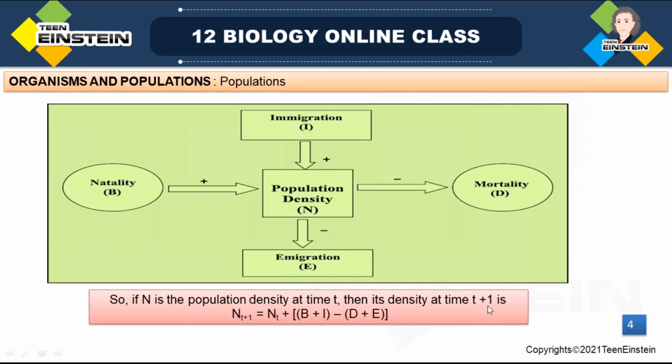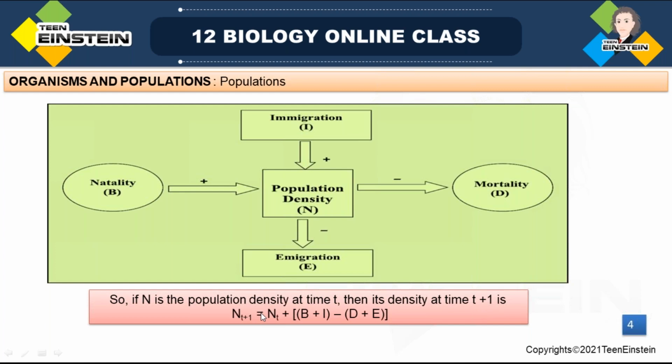The population density N at time T plus 1 is equal to Nt plus B plus I minus D plus E. So what do we mean by Nt plus 1? The population density at time T plus 1.